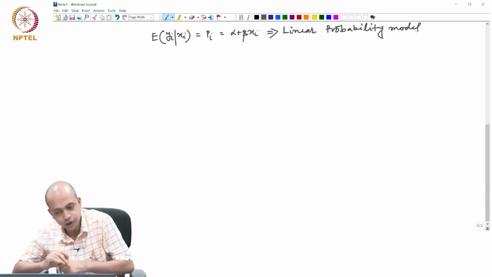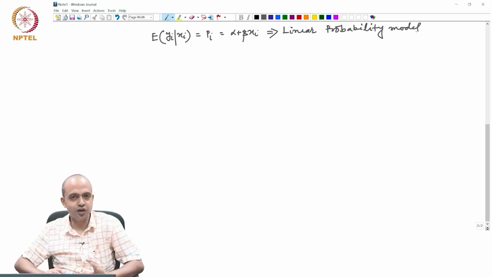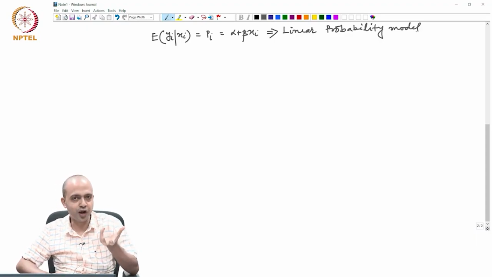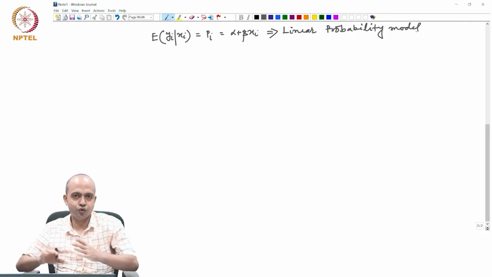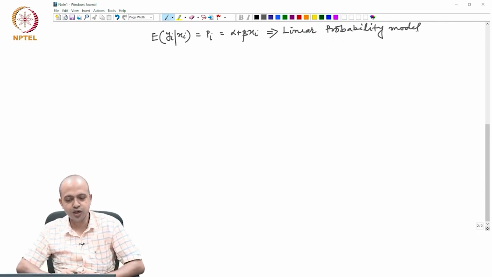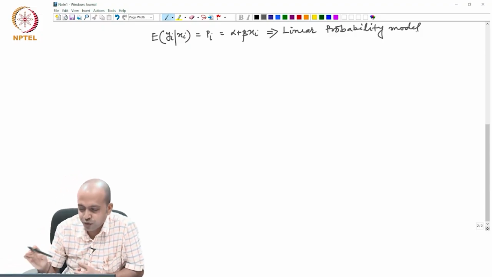That is the first model in this class of models, the first kind of model of the binary response models. We have many other models, but this is the starting point, pi equals alpha plus beta xi.